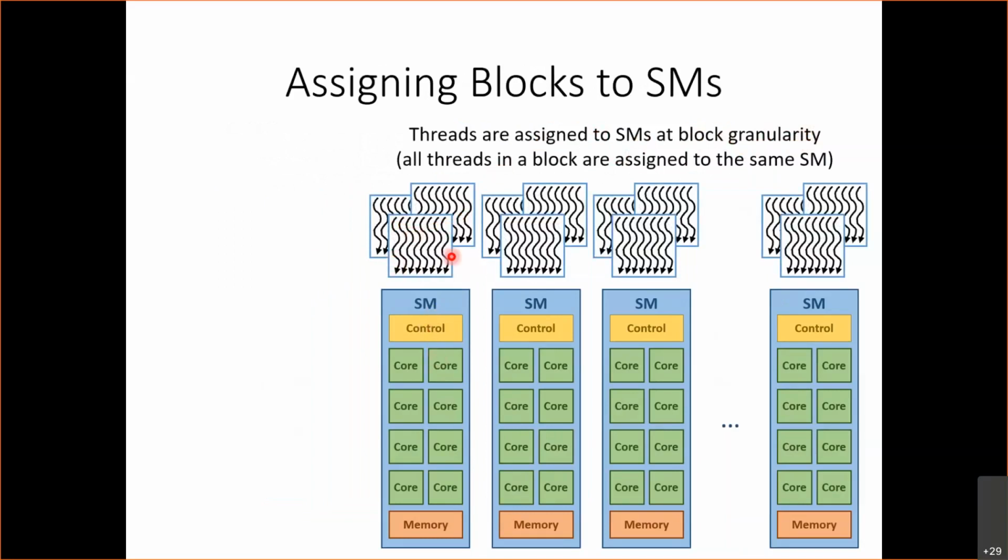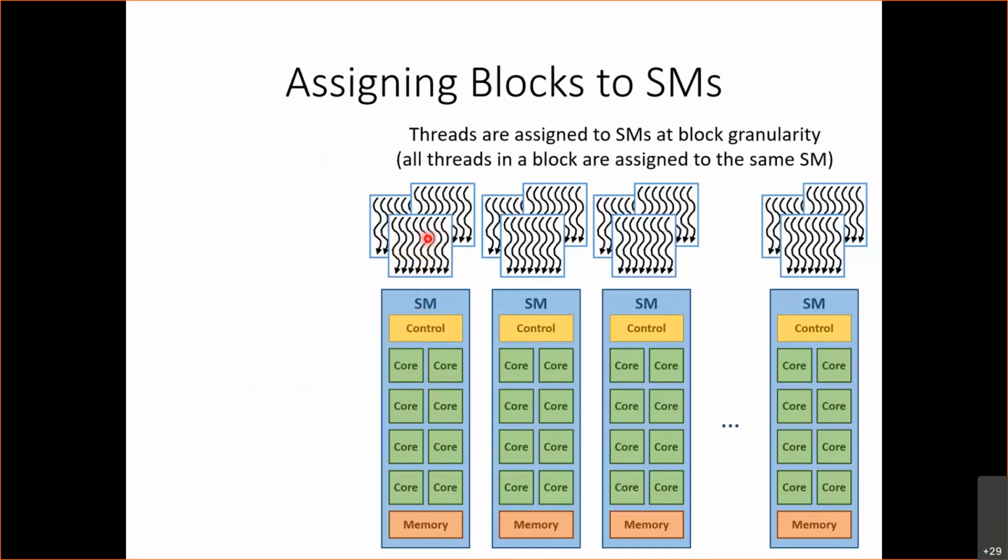All the threads in the same block will be assigned to the same SM. We can have multiple thread blocks assigned to the same SM. That's okay. In this illustration, each SM has 3 thread blocks assigned to it. However, we cannot have some of the threads inside a thread block assigned to one SM and some assigned to another SM. All of them have to be assigned to the same SM.